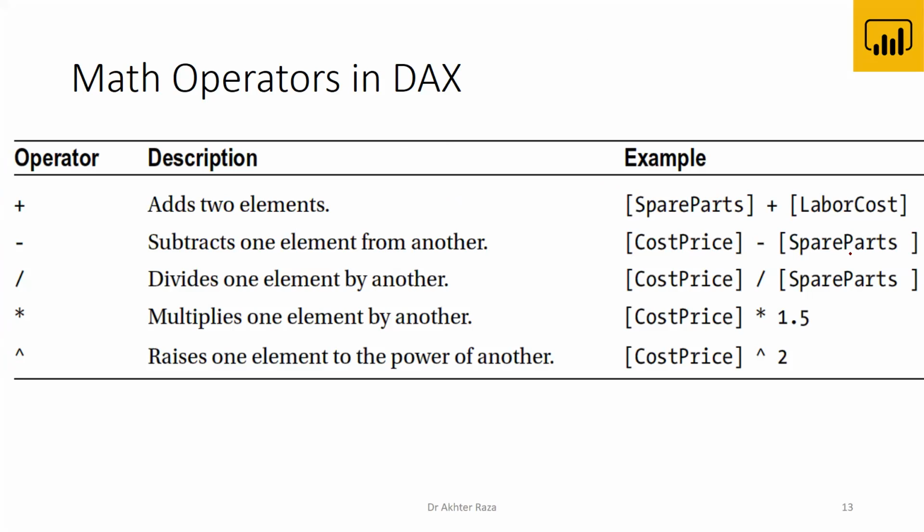The spare part cost is subtracted from the cost price, and the result will be stored in a new column. We can divide the cost price by the spare price. We can multiply the cost price by 1.5 if the price increases by 50%. We can calculate the square of the cost price by using this expression. So DAX gives us an opportunity to calculate some columns.